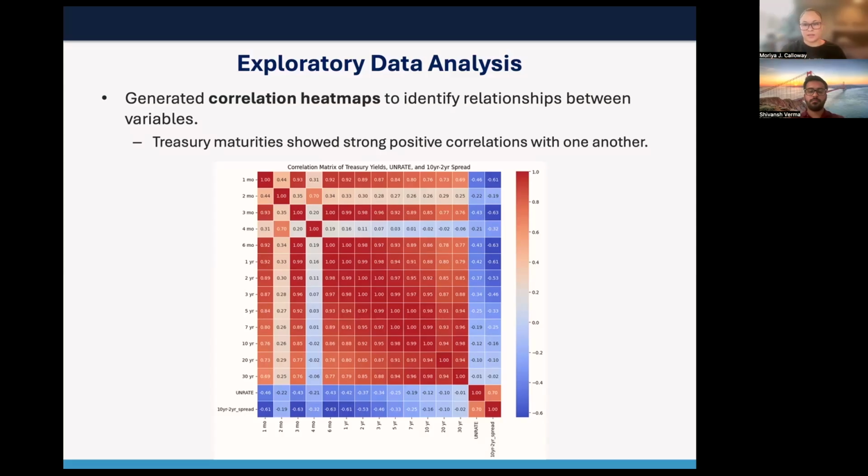And then the other boxes, the U rate, the unemployment rate, is blue. And the 10 to 2 year spread also has a lot of blue in those two. Those just show where it's not strongly correlated with the yield rates.